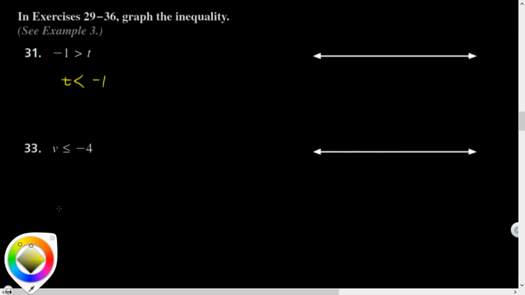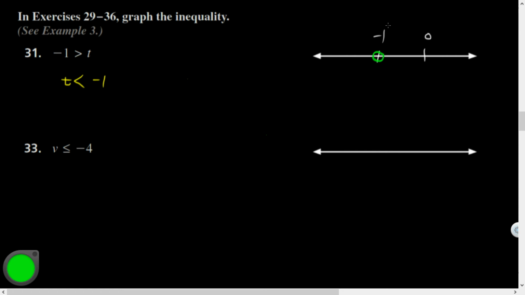And now if I'm going to graph this, I need 0 and our points of interest. And all values of t that are less than -1, does that include -1? No, it doesn't have the equal part, so I'm going to draw an open circle at -1.